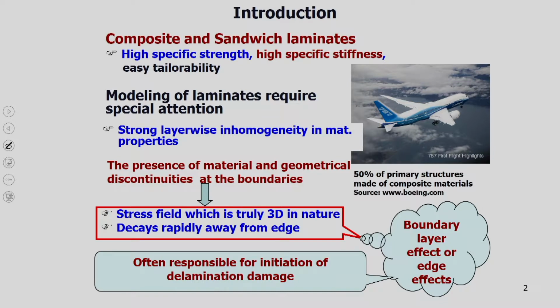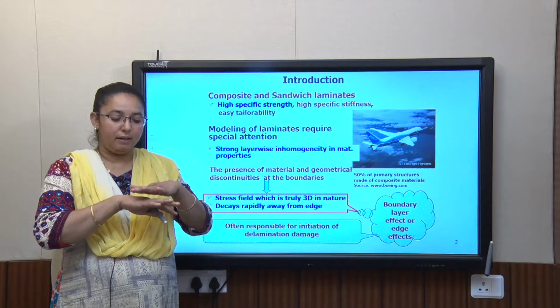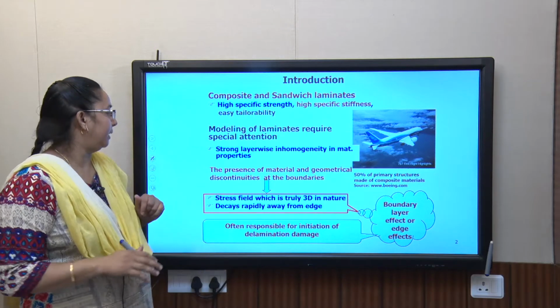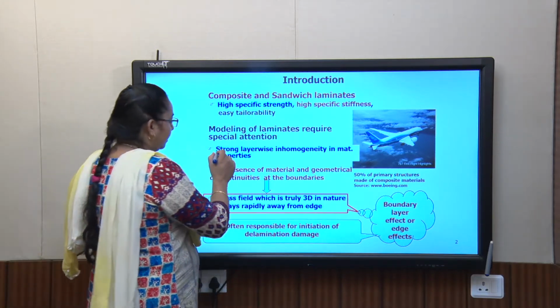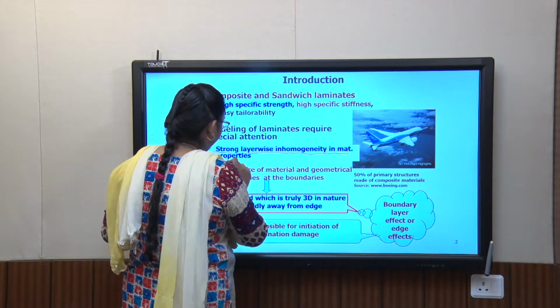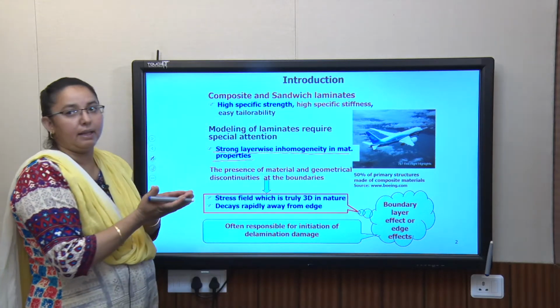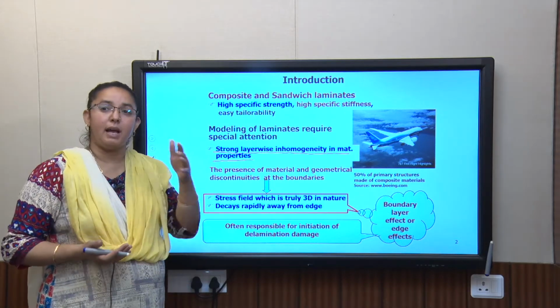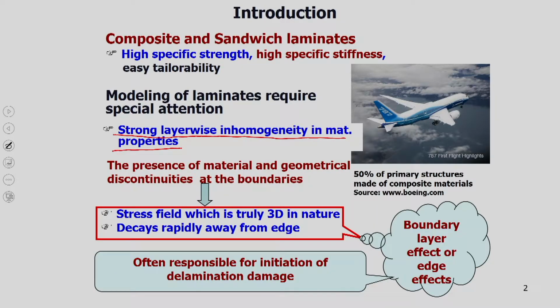Three-dimensional solutions are needed basically when you have a material like a composite or any advanced material and stacking sequences like that, where there is strong layer-wise inhomogeneity in the material property. Let us say one layer has some Young's modulus E1, then the second layer may have a Young's modulus of 20 times that, or maybe less than 1 by 10.